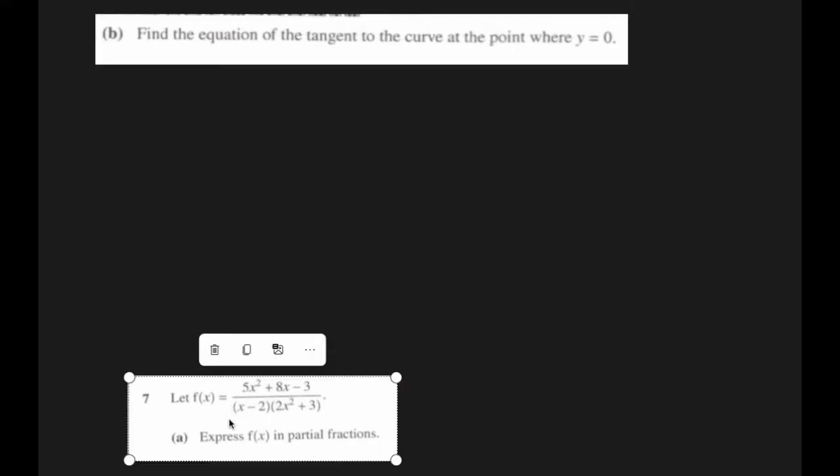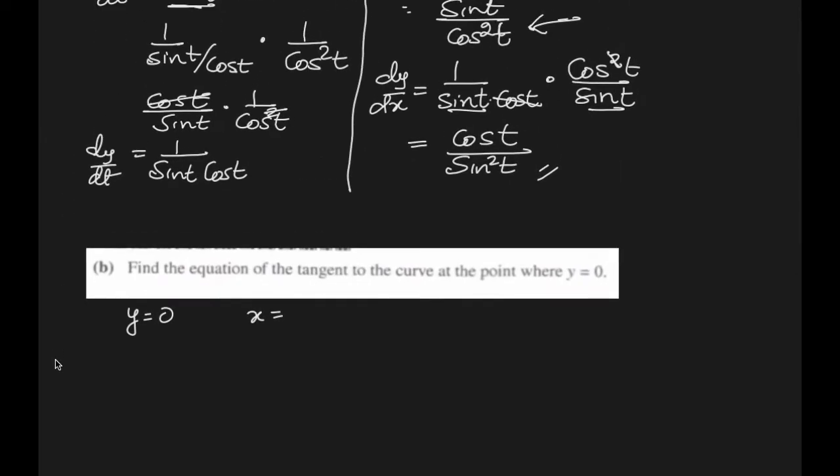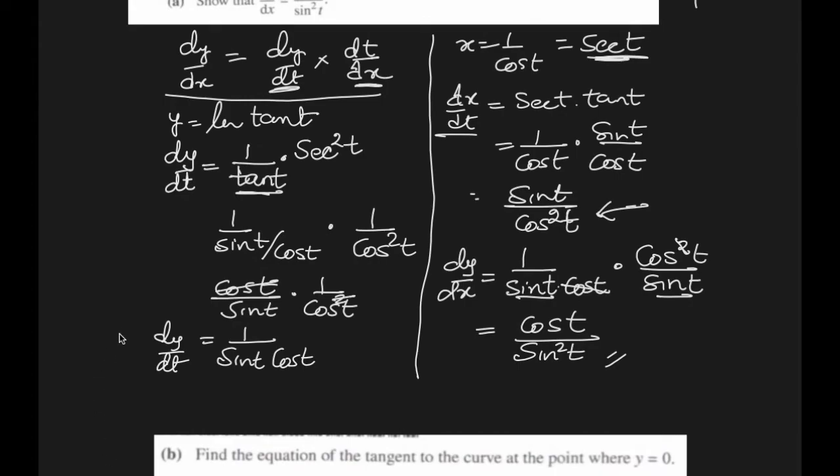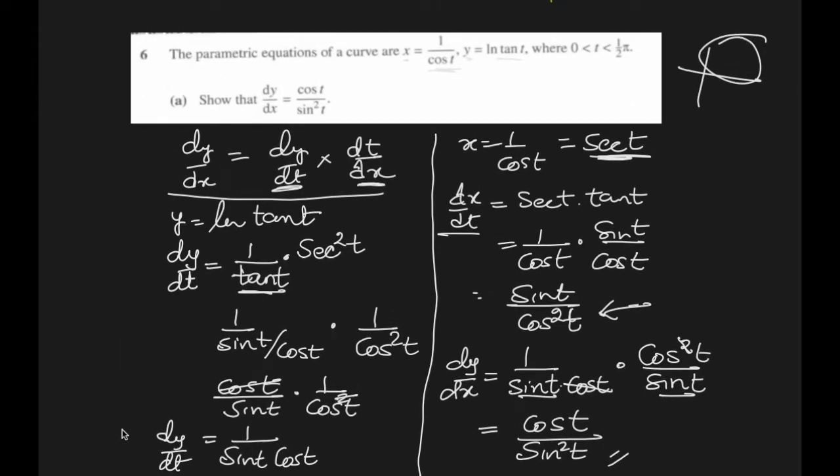Find the equation of the tangent to the curve at the point where y is 0. So y is confirmed 0, and we need to find x also. So x, they gave us what was x equal to? Let me check again. 1 over cos t, and y was ln tan t.